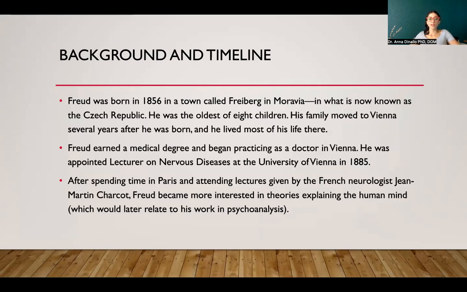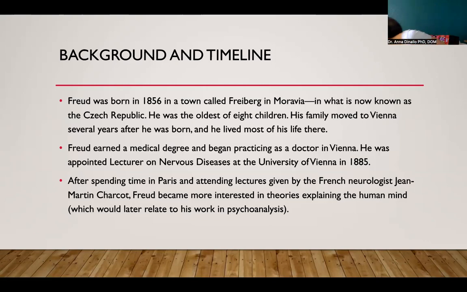So Freud was born in 1856 in Moriba, which is now known as the Czech Republic. This is all important context, that's why I'm bringing it in. He was the oldest of 8 children, and him and his family went to Vienna, where he spent most of his life. His training, as I mentioned, was as a medical doctor, and so he was assigned a lecture on nervous disease, which is interesting, right?